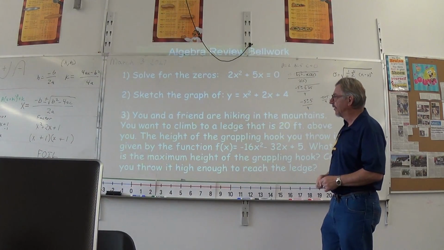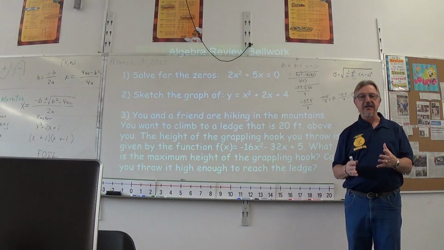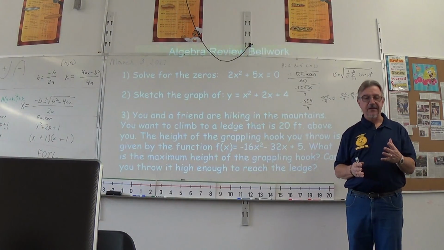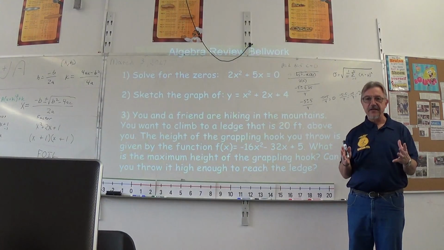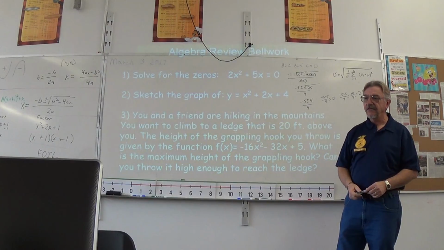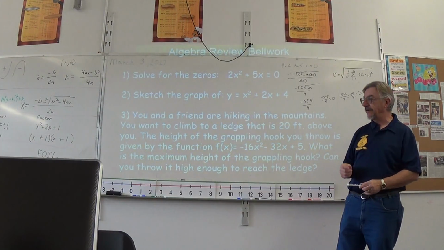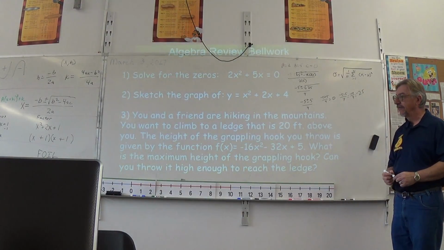Okay, the second one, we're going to sketch the graph. What do we have to know to sketch a graph? H and K. Yes, we have to know H and K because we have to know the vertex. It's going to be a parabola. And it's going to be a parabola that goes in which direction?